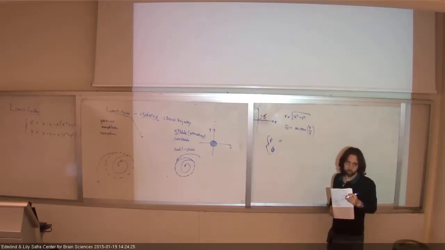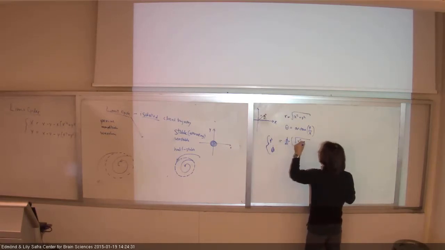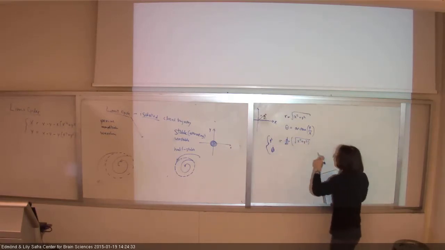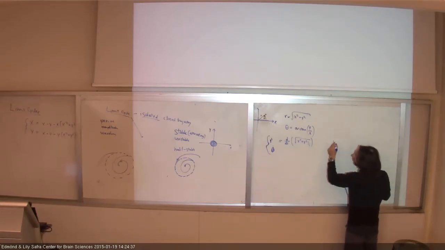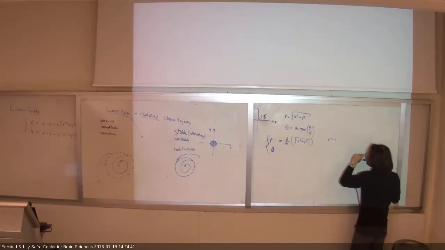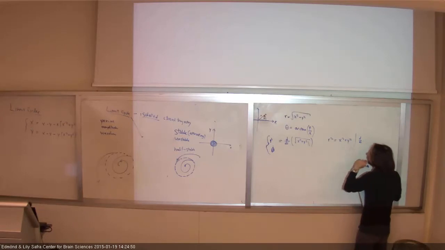So what we do is basically we take the derivative with respect to time. This is a bit complicated, so I'll do something else. I'll say that r squared equals x squared plus y squared, and then take d/dt of that.